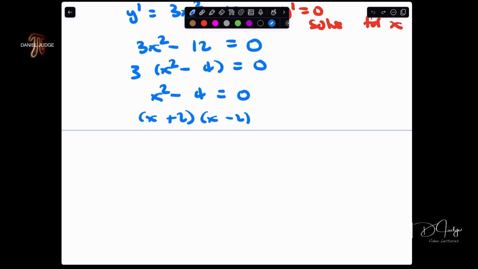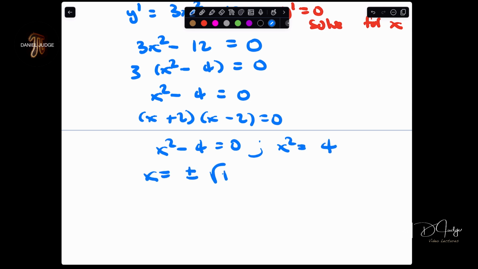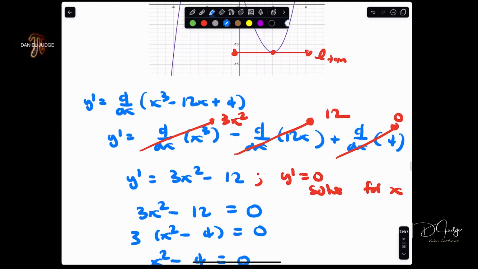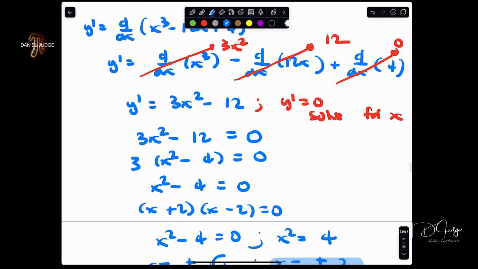I can solve it by using beginning algebra, or I can use the square root formula. Add 4 to both sides. I get x squared is 4. Square root formula. x will be plus or minus the square root of 4, or x will be plus or minus 2. These are the x coordinate values, plus or minus 2.